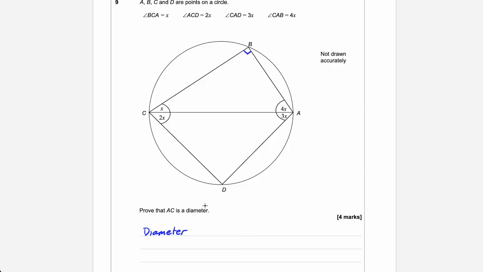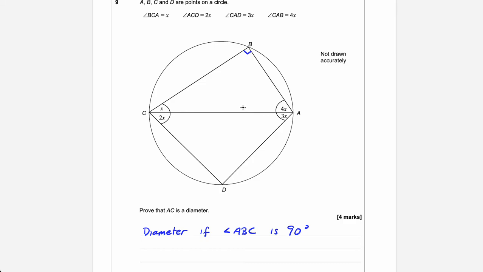So diameter if angle, let's do angle CBA, or ABC I could do, if angle ABC is 90 degrees. Okay, so that's the first step to kind of think, and we will write that down. We're writing that down to say that's what we're trying to do. That's what we're trying to prove.